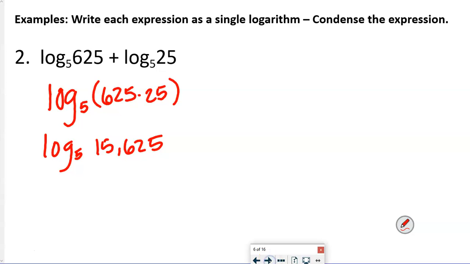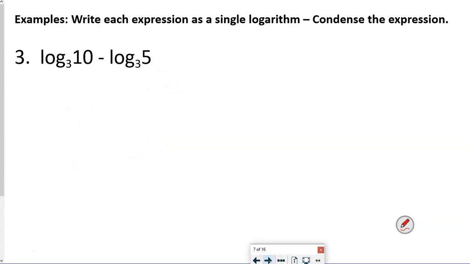Okay. So on the next one, again, notice we have the same base, log base 3 of 10 minus log base 3 of 5. So when it's minus, we're going to divide. So we're going to say log base 3 of 10 divided by 5. Well, that can be simplified because 10 divided by 5 is 2. So we're going to say log base 3 of 2.